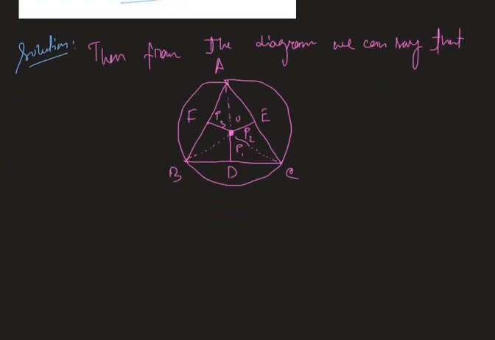Here D, E, F are the midpoints of BC, CA and AB respectively.